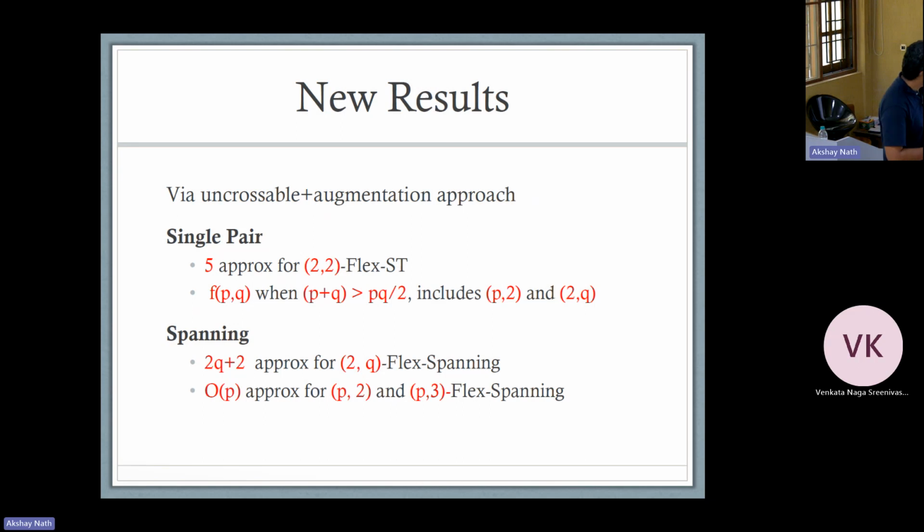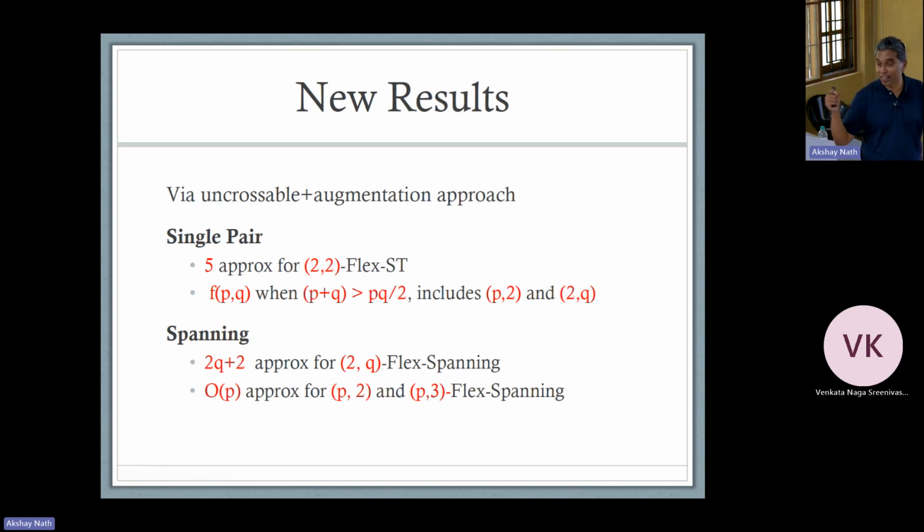We started playing around with it, and this is what we proved. There are two sets of results, using two completely different sets of techniques. The first set was a constant factor for small values of P and Q. This was quite non-trivial.